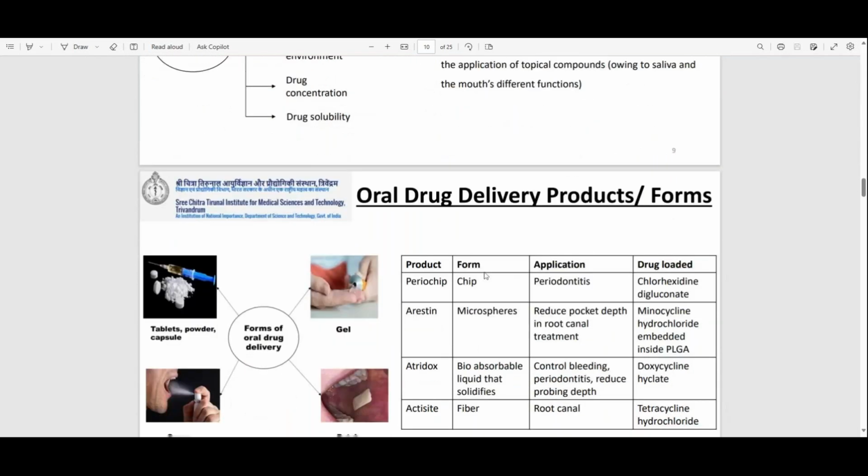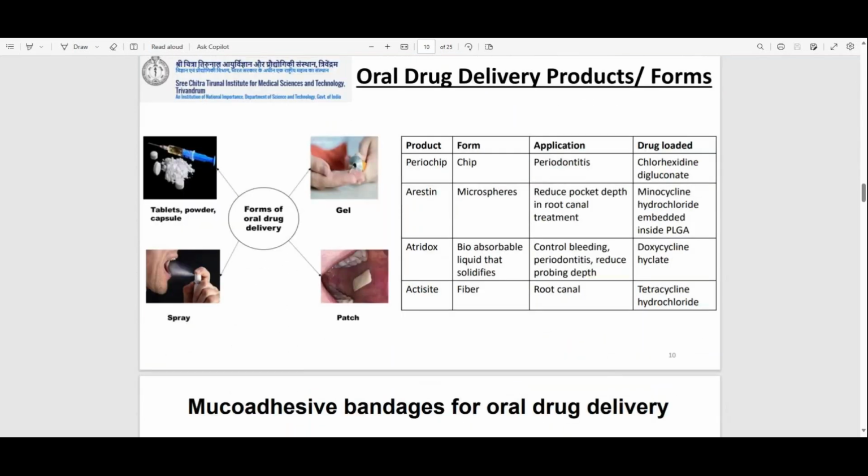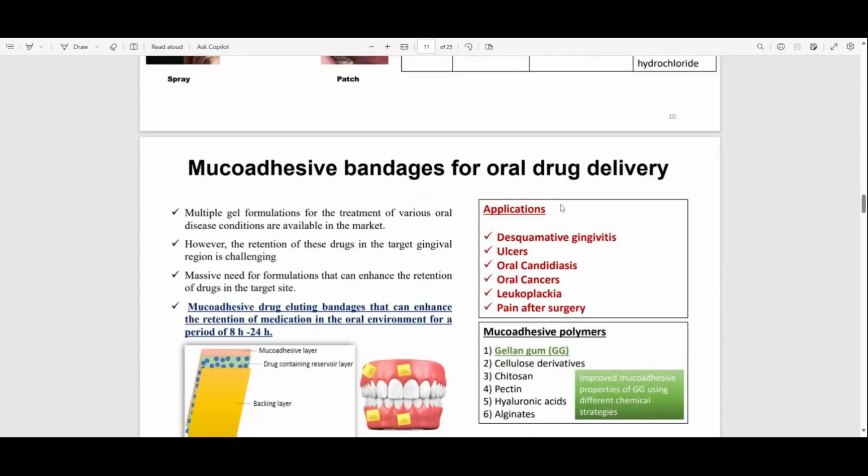There are different drug delivery devices available in the market in the form of gels, patches, sprays, tablets, powders, etc. Some of the marketed localized oral drug delivery formulations are Periochip, Atridox, and Actisite, with different compositions. As I already told, we are concentrating on localized oral drug delivery devices.